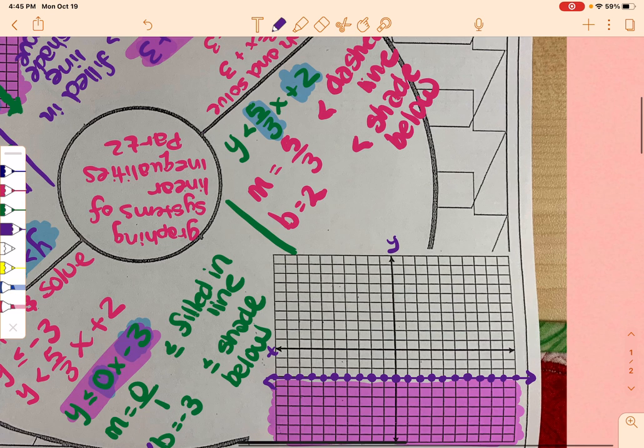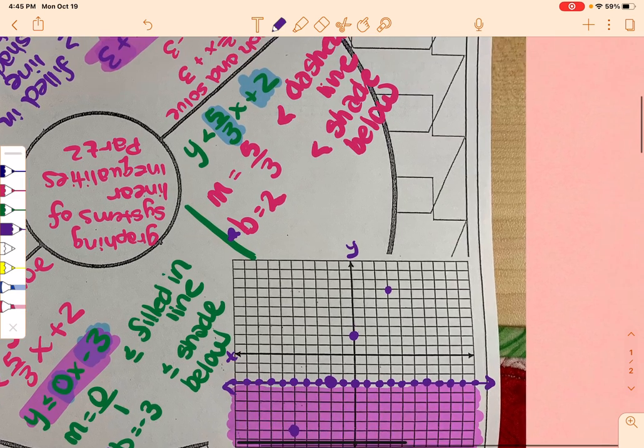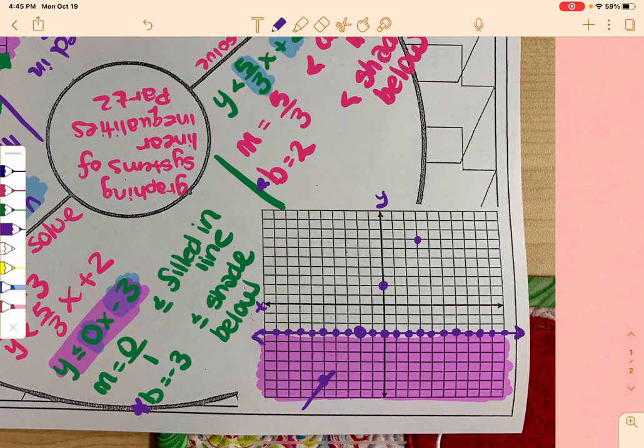Okay, now I'm going to use this stuff from the other one. So I start at +2. My slope is 5/3, so I go up 5/3. So I can only do one going forward. So now I'm going to have to go back. So down 5/3. And I keep going. Now we said this line's going to be dashed.